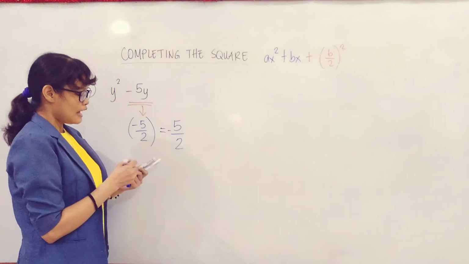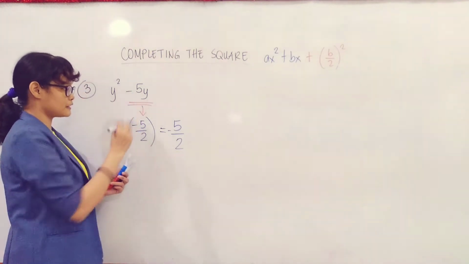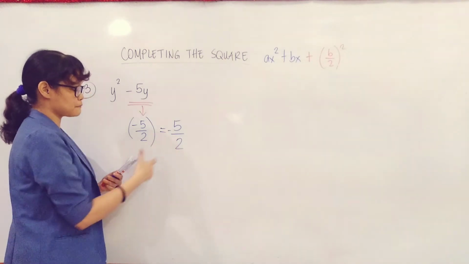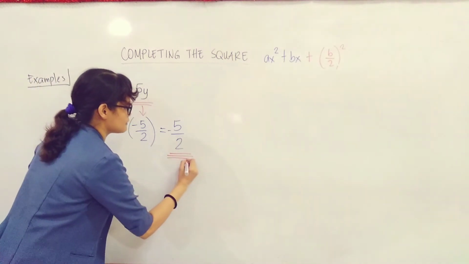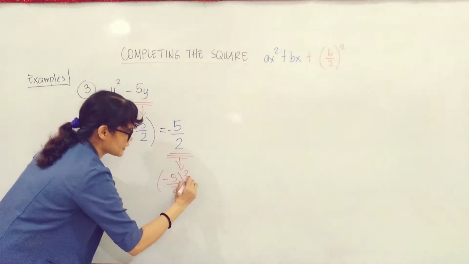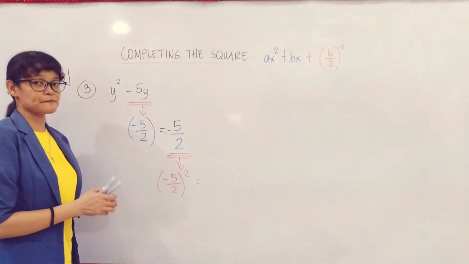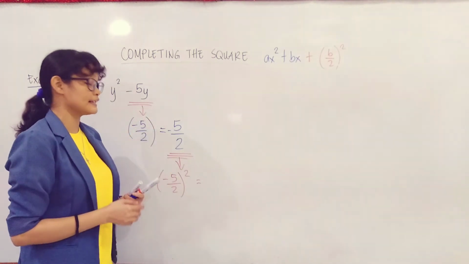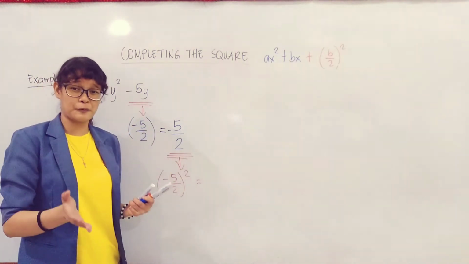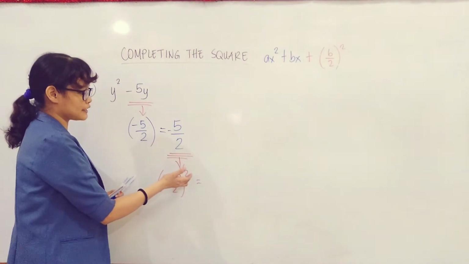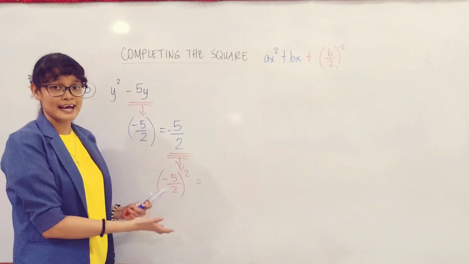Next. After getting half of the middle term, the next step is to get the square of the resulting number. So this is our resulting number. We have negative 5 over 2 squared. Now, how do you square a fraction? By using the law of exponents, the quotient law of exponent, pwede natin i-distribute yung exponent to sa numerator at sa denominator.